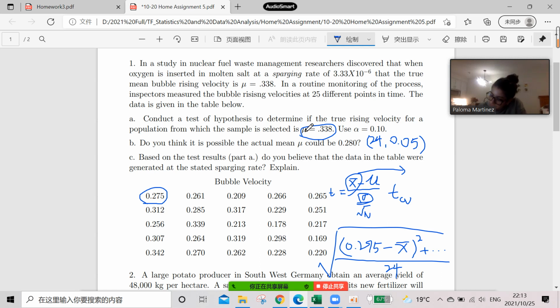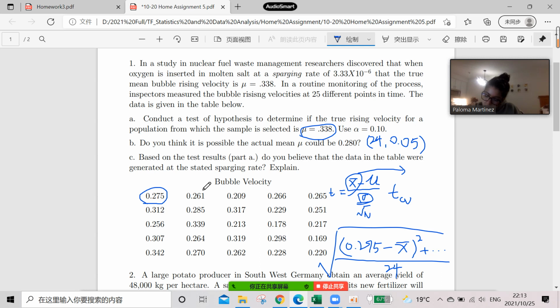But at first glance, I have no clue and no preference. I don't care if the mean is greater or smaller than 0.338. So it becomes a two-tailed test.